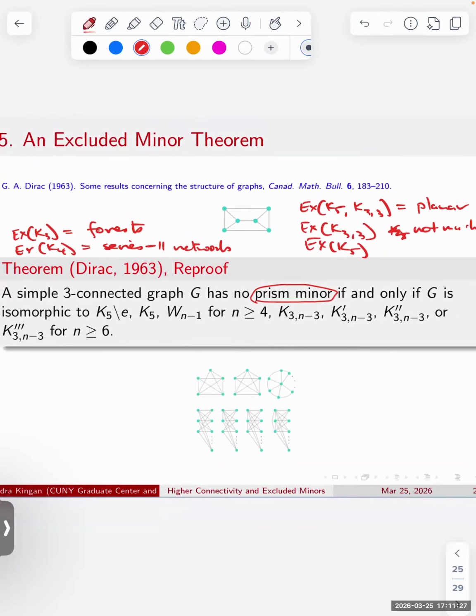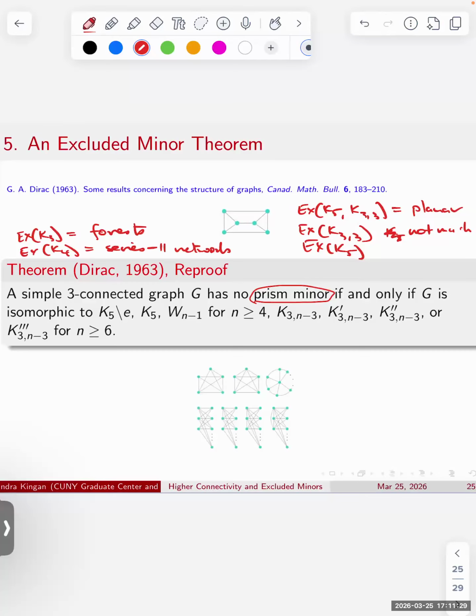Anyway, these are the families. The small ones you would expect. If the graph doesn't have a prism minor, then K5 delete E. Prism, by the way, is the planar dual of K5 delete E. So this is K5 delete E, and its planar dual is the prism. This is K5, of course, the wheels.